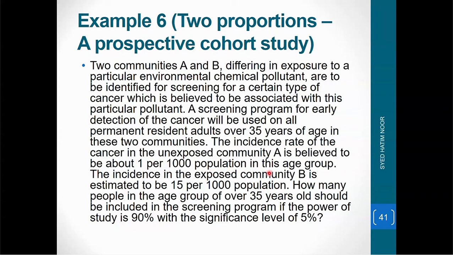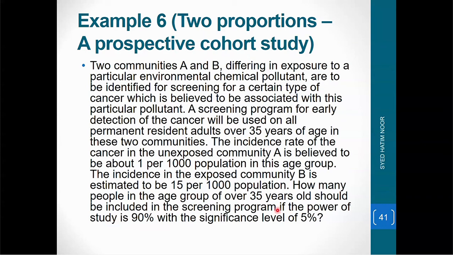In community B, exposed, it is estimated to be 15 per 1,000 population. Community A is unexposed, so this is your P0, the control. The exposed one will be P1, so P1 will be 15 per 1,000 population.